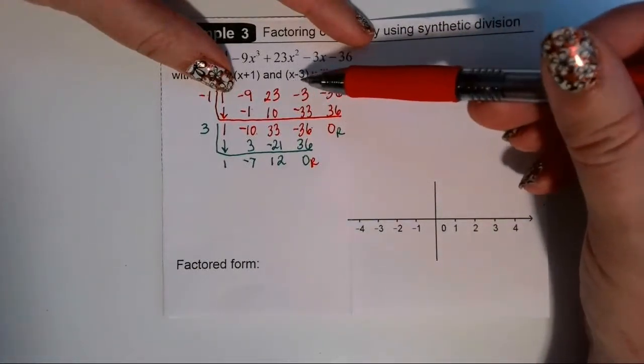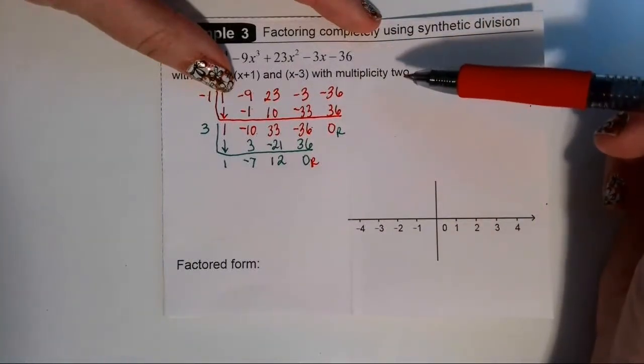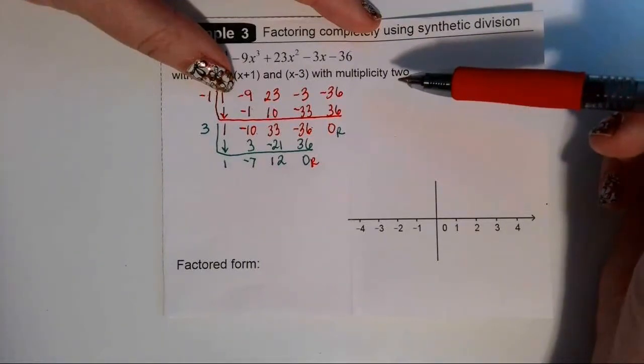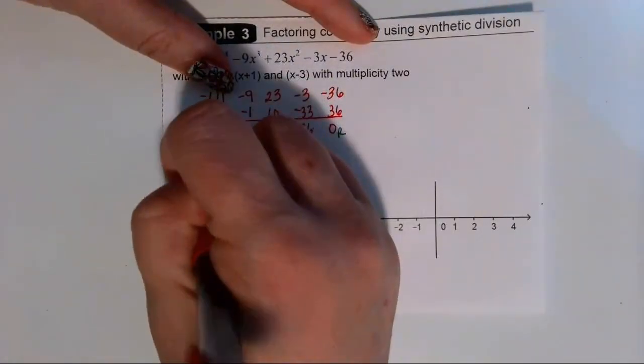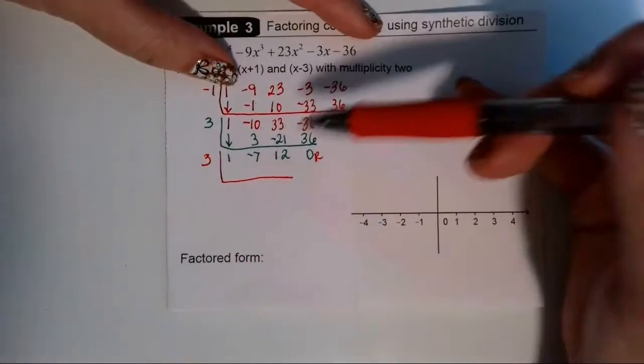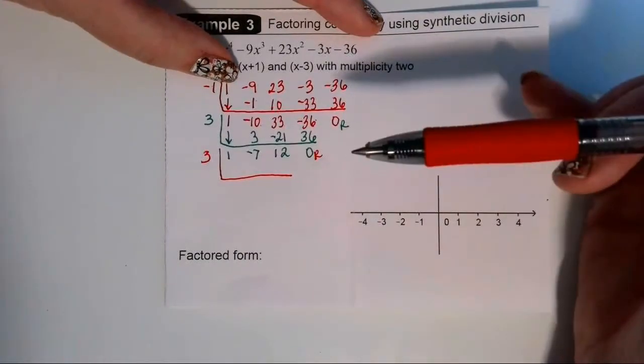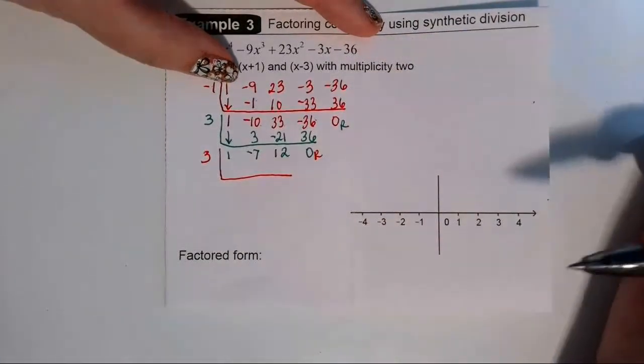Now it says that the x minus 3 factor has multiplicity of 2. So that means that I can repeat this divisor, and I'm going to divide again into this quotient now using +3 a second time because of that multiplicity of 2.